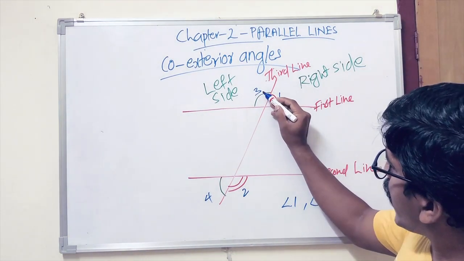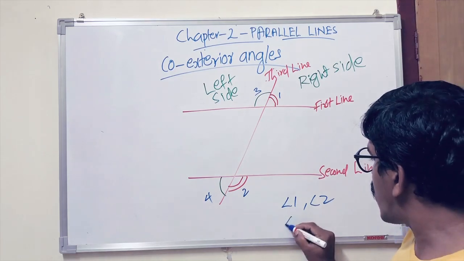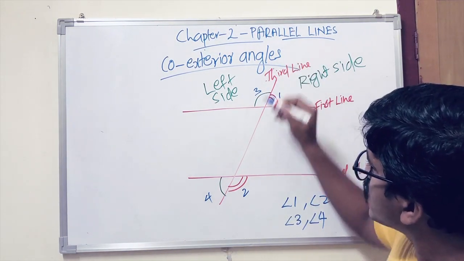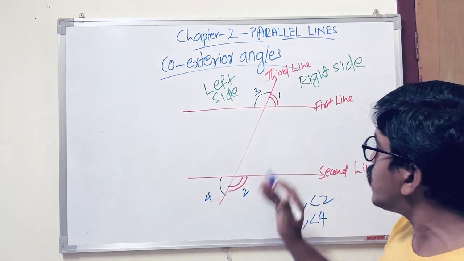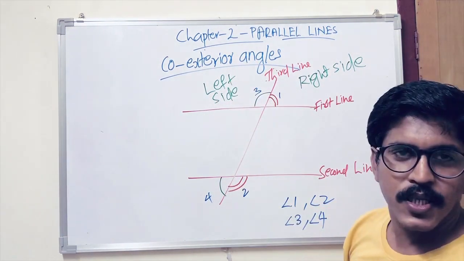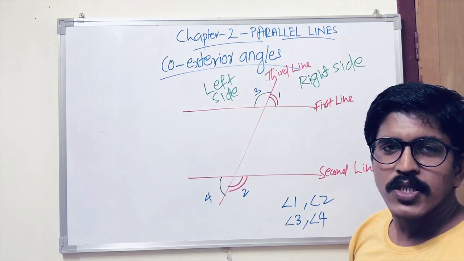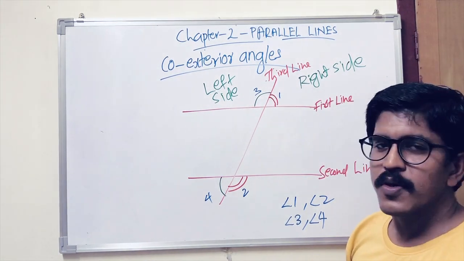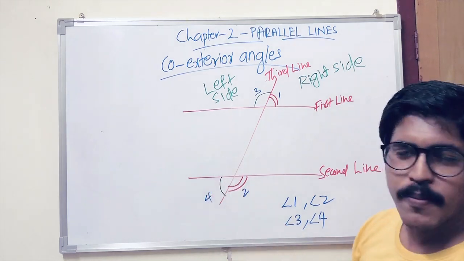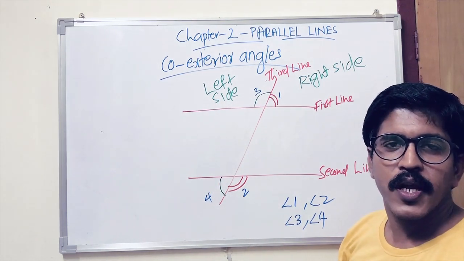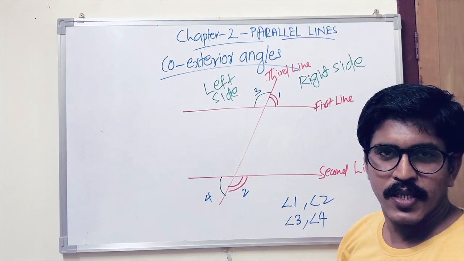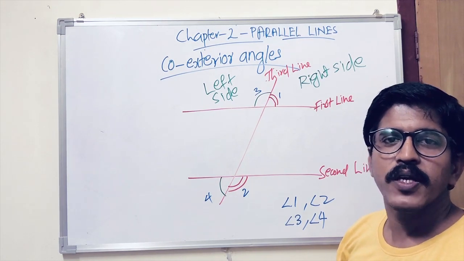And here angle 3 and angle 4 are co-exterior because it is outside the two lines and also same side on the third line. And one more condition here, that is, if the lines are parallel, sum of co-exterior angles is always 180 degree. Otherwise it will not be 180.